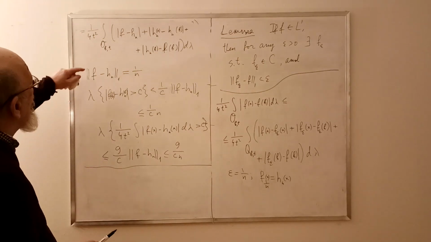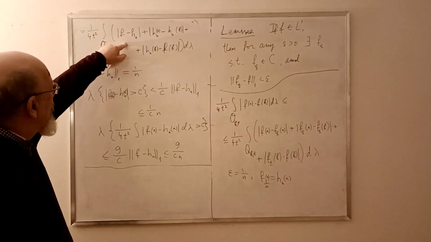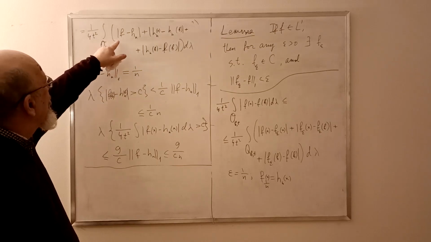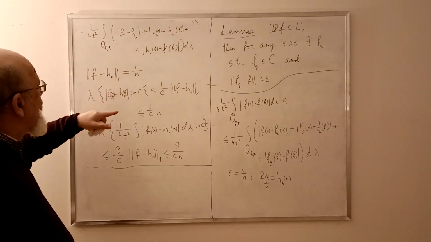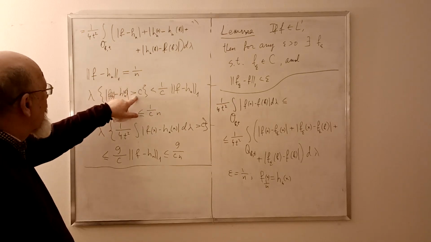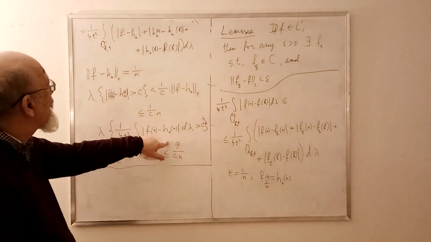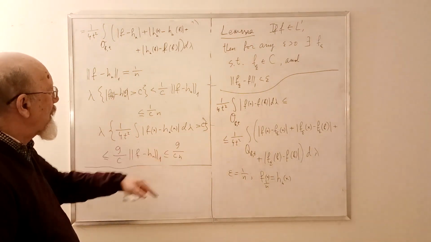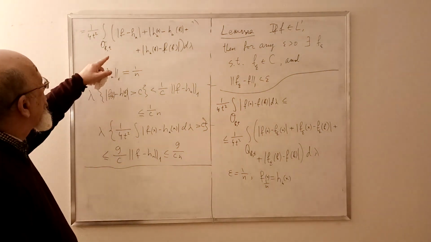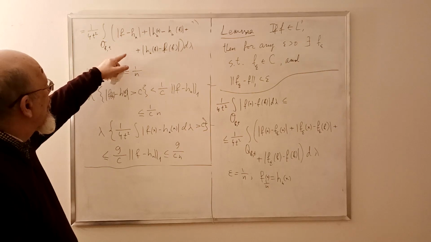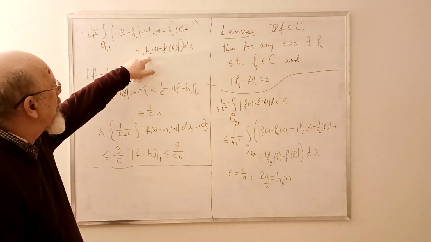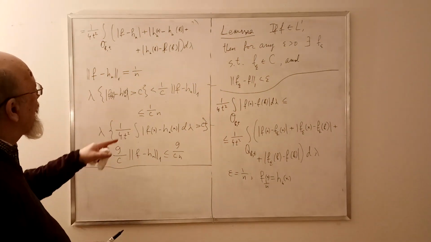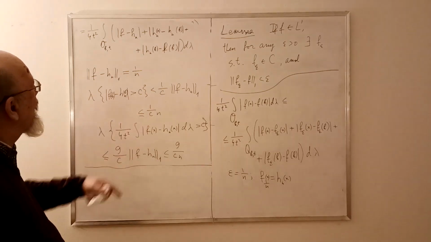One moment. So we have the estimate for the measure of the set where the integral of the first term is more than c. It is less than 9 over cn. The measure of the set where the last term is more than c is less than 1 over cn.